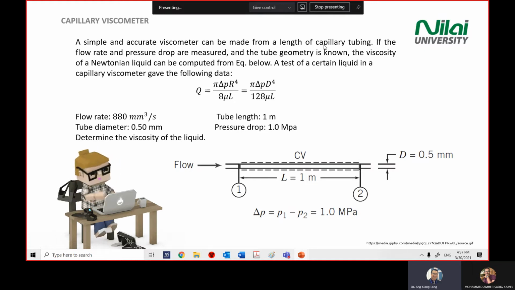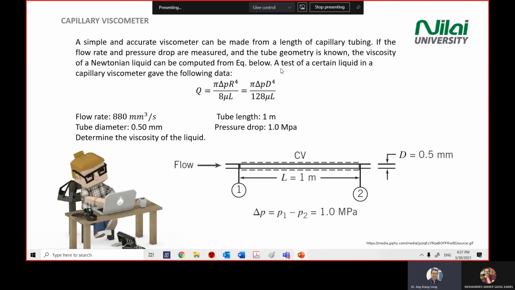The word capillary means it is a very small space, a very small diameter. If the flow rate and pressure drop are measured, and the tube geometry is as shown in the diagram, the viscosity of a Newtonian liquid can be calculated using this equation: Q equal to pi delta P R to the power 4 divided by 8 mu L, or divided by 128 mu L with diameter. We already covered this just now in class.